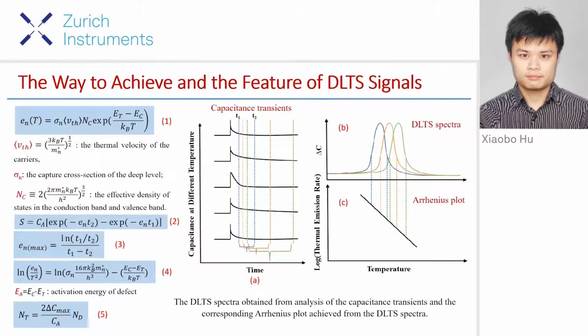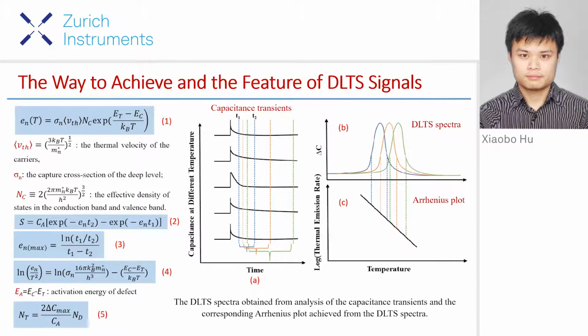The emission rate at this maximum peak height, therefore, can be calculated through the expression for the time constant, as equation 3 shows. It is seen that selection of different rate windows can result in a corresponding change of the emission rate. Each emission rate matches a certain temperature at which the DLTS peak occurs.